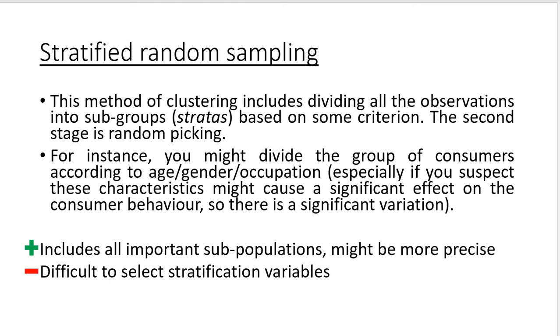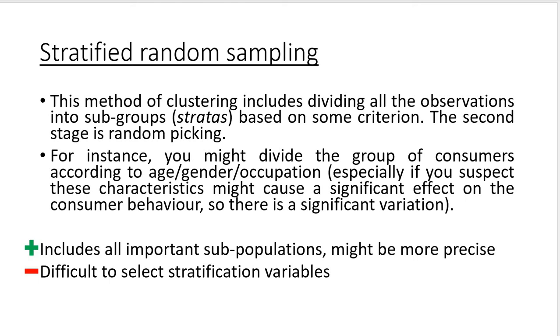However, the disadvantage is that it might be very difficult to select stratification variables. I mean, this criterion or criteria based on which you actually divide people into subgroups. So here, usually you use some prior theory.